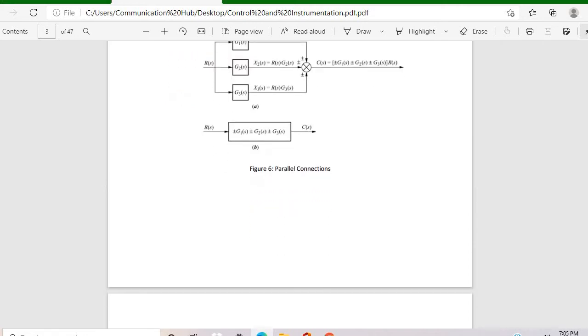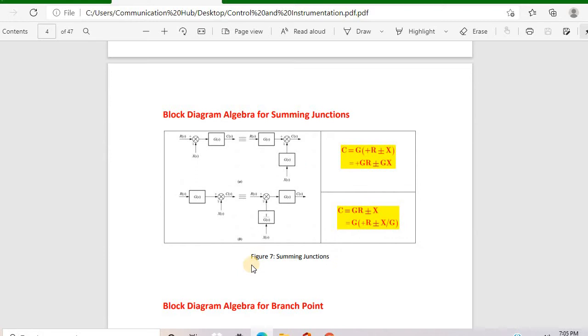Now there is some algebra that can help you to solve the problem. Look here, if you have an input with a summation, after that you have a block. If you want to move this block to the back, then you have to multiply before the summation on both x and y, so that your algebra remains the same. Look here, you get the same result.